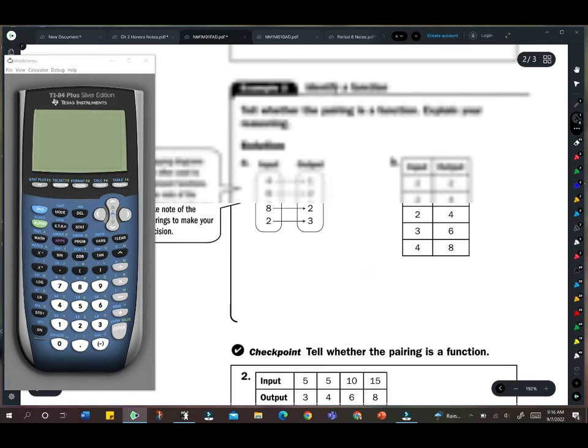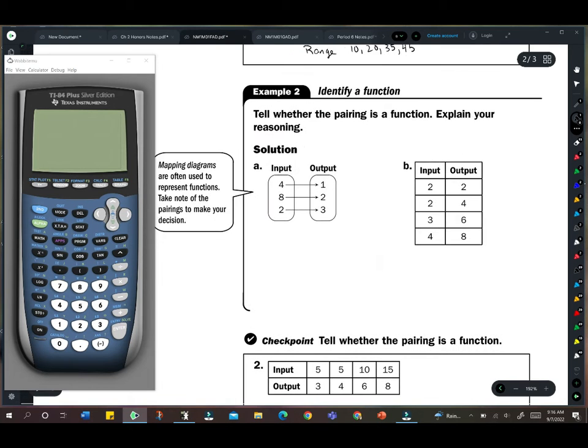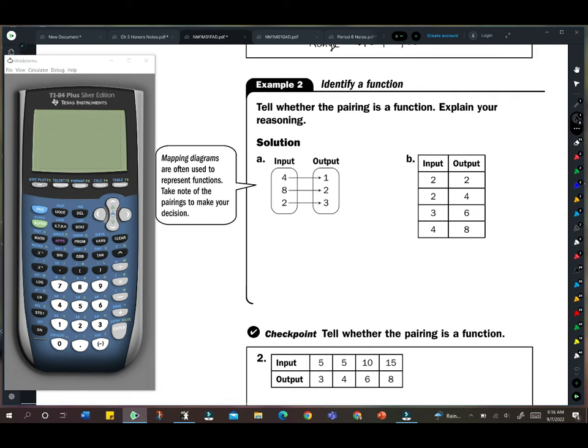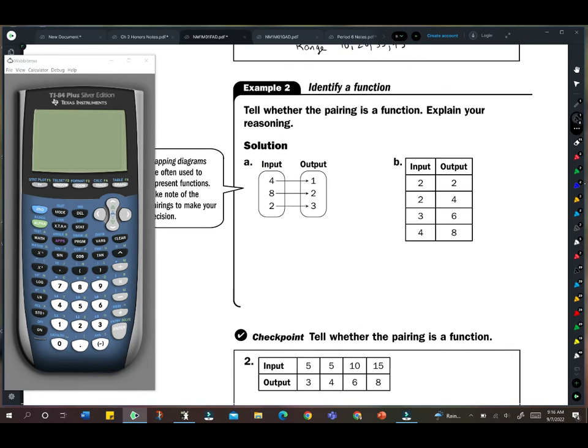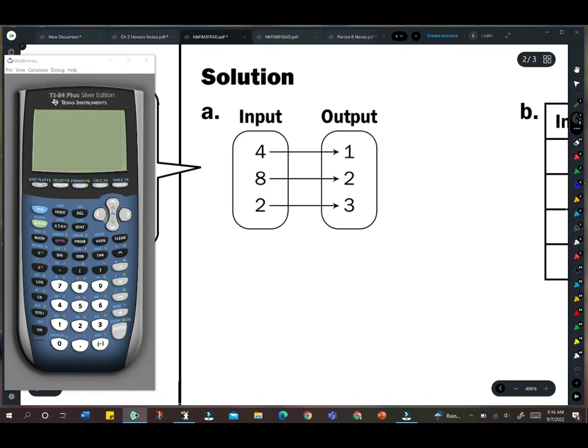The more important stuff here, identifying a function. Determine if the pairing is a function, explain your reasonings. This first example here, example A, is what we call a mapping diagram. Basically, it just takes your inputs and maps them to an output.